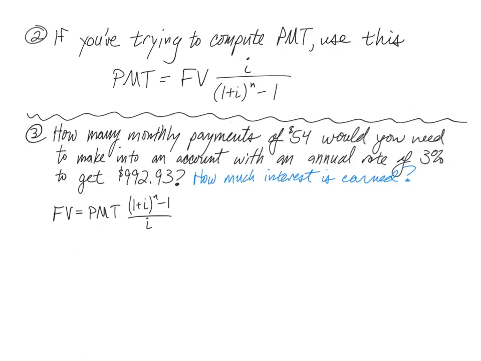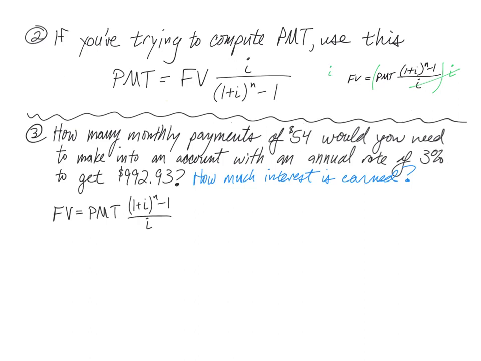For example 2, if you are trying to compute the payment based on some future value, some number of compoundings, and an interest rate per compounding period, you'll just use this formula here. If you recall the original formula for future value, it looks something like this: 1 plus i to the n minus 1, all over i. What we did was multiply both sides by i to cancel with this one down here.